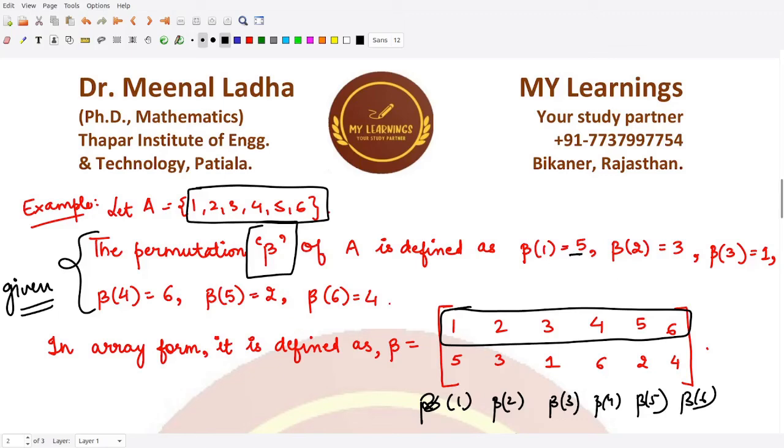Beta of 1 is 5, so we write 5 here. Beta of 2 is 3, so we write 3 here. Beta of 3 is 1, so we write 1 here. Beta of 4 is 6, so we write 6 here. Beta of 5 is 2, so we write 2 here, and beta of 6 is 4, so we write 4 here. So this is the array notation of the given permutation.